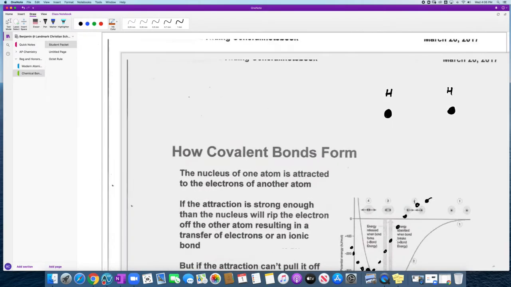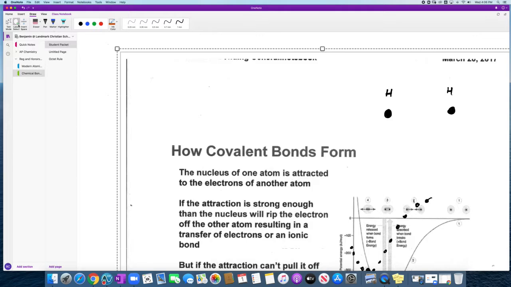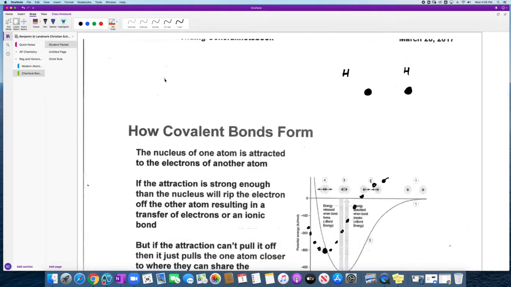If that hydrogen atom moves in closer, eventually it's sort of like there's a spring attached to them.